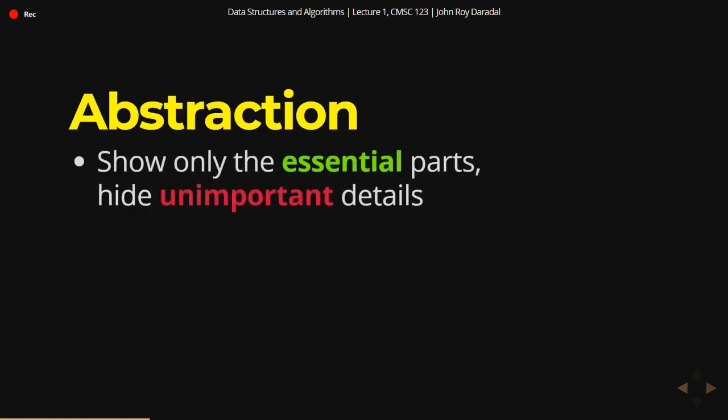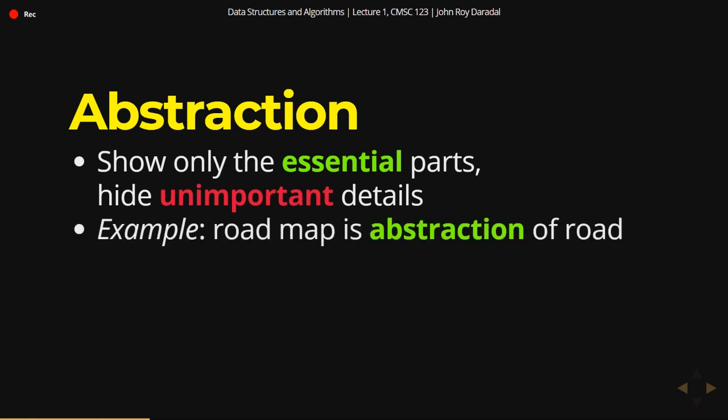Next is abstraction. In abstraction, what we do is we only show the essential parts of the class and we hide the unimportant details. So an example of this is a roadmap. A roadmap is an abstraction of the actual road. Why is that?